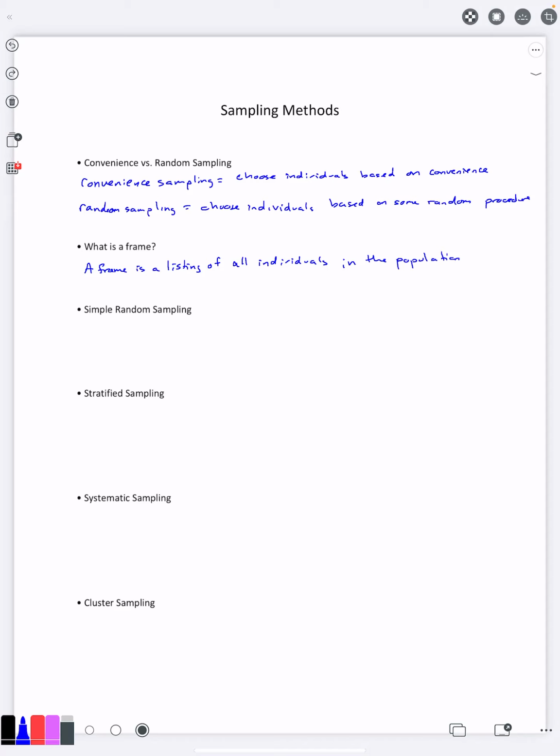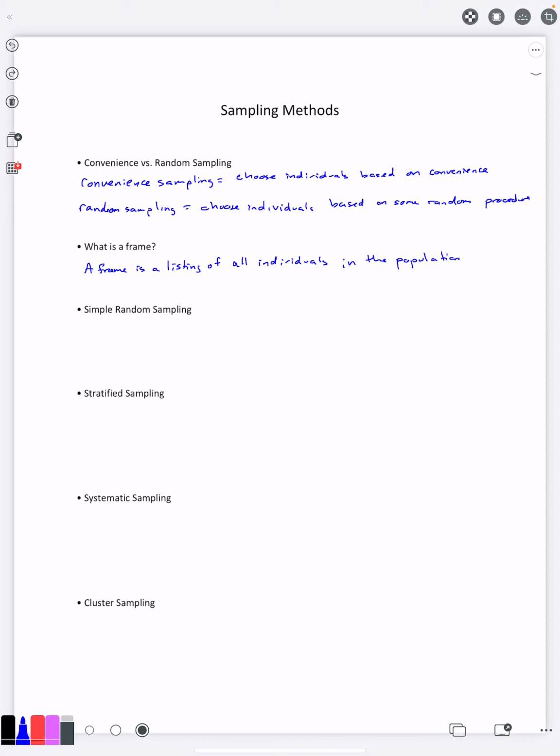If you are someone in the right administration position, you could probably get a list of all the students at the college. However, if you're just some random person off the street, the college is very unlikely to give you that list, that frame. So again, frames could possibly be easy to get, they could possibly be difficult to get, but you really need some kind of frame, even if it's not a perfect frame, right? Maybe it only has most of the people. You need some kind of frame before you start getting into a random sampling.